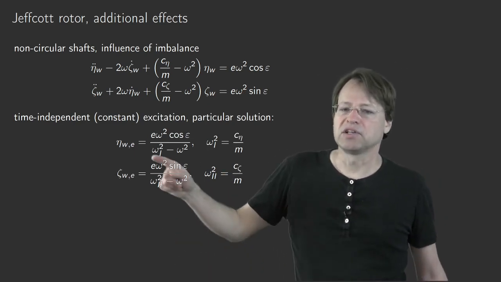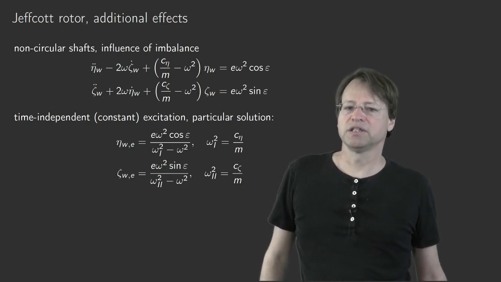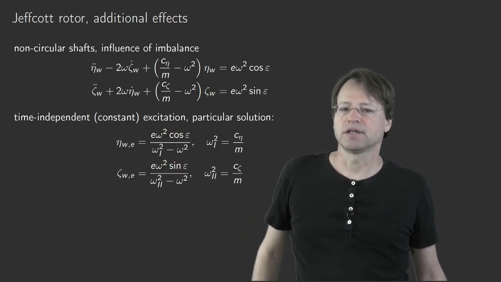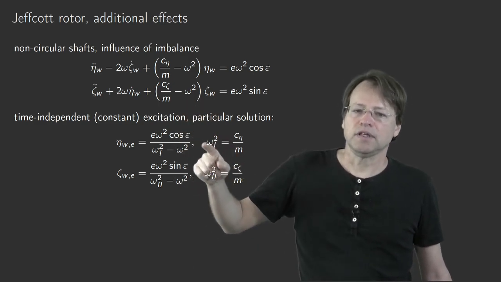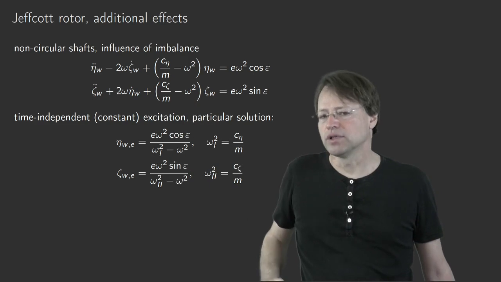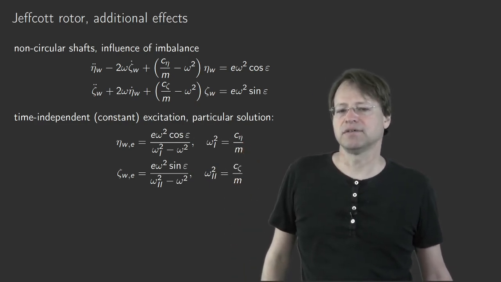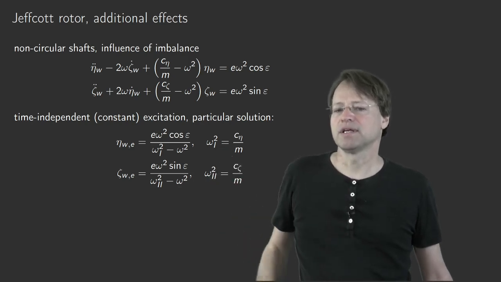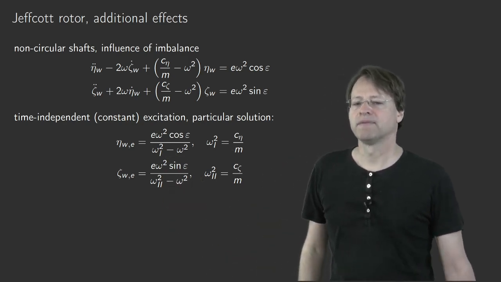So we get the particular solution due to the time-independent constant excitation here, which is E omega squared cosine epsilon. And just to abbreviate these two natural frequencies, so these two ratios, C sub eta divided by m and C sub zeta divided by m, by omega 1 squared and omega 2 squared, you will find omega 1 squared here and omega 2 squared.